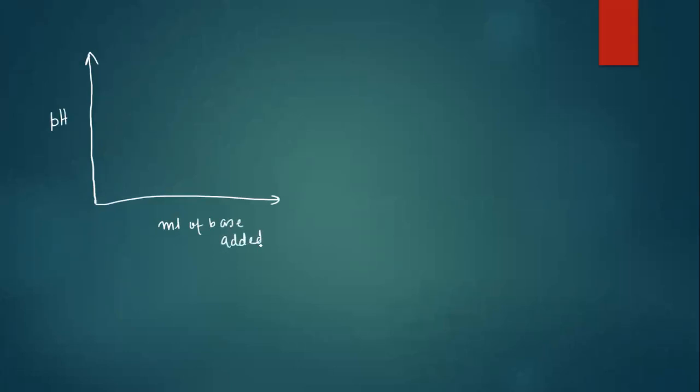First of all, we'll have 4 curves. On the y-axis we have pH, and on the x-axis we have milliliters of base added. We are talking about N/10 acid versus N/10 base, which is the standard taken for these curves.